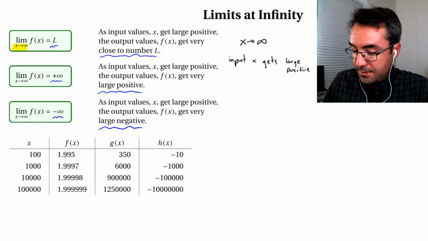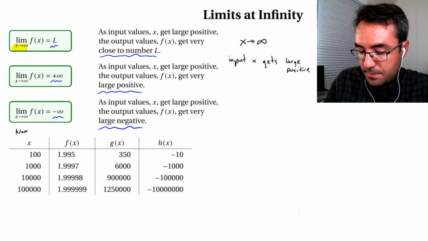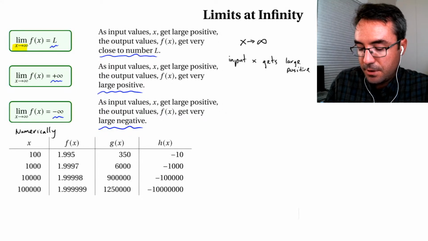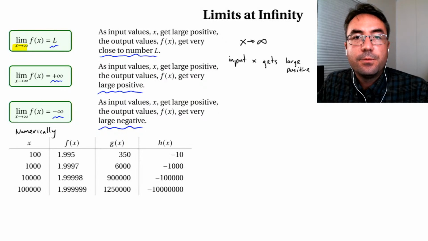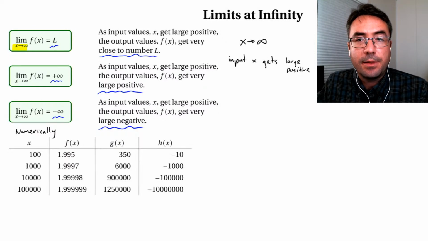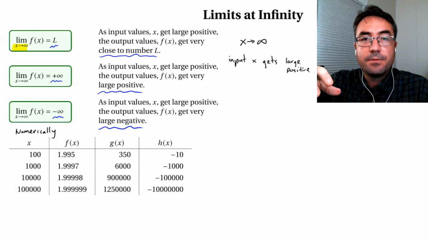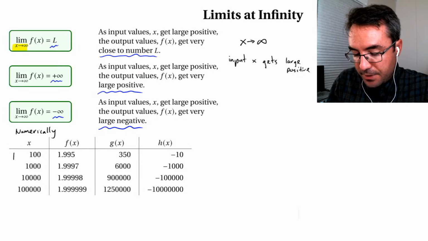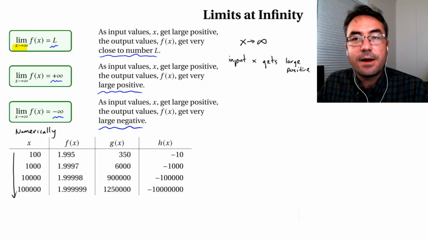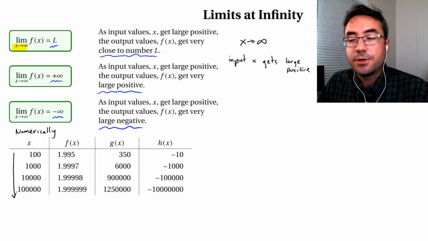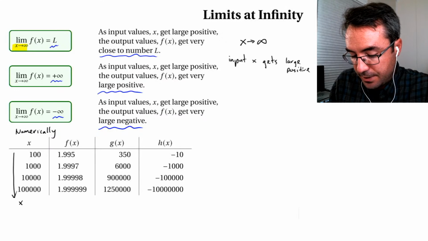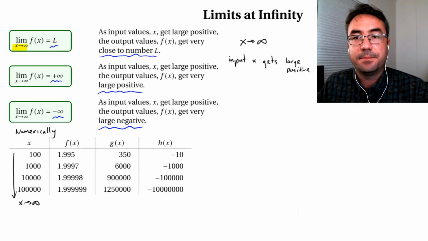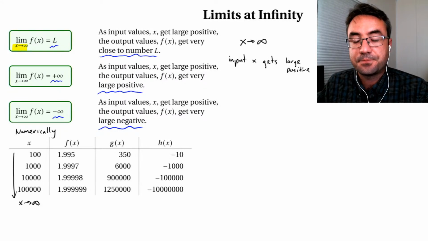So numerically, what does all of this look like? Well, we've seen how to do limits before numerically. So we have our input values in one column, and then we have the output values of our function in another column. And so as we read down this table, we see that our x values are getting larger and larger positive. So that's really what we mean by x approaching infinity. Just the inputs are getting larger and larger positive.